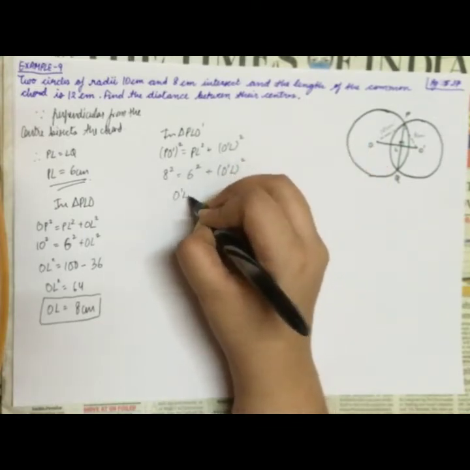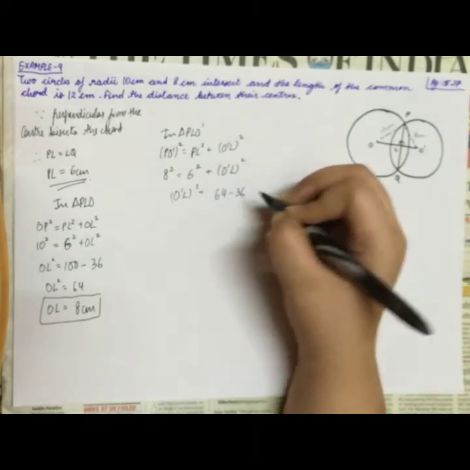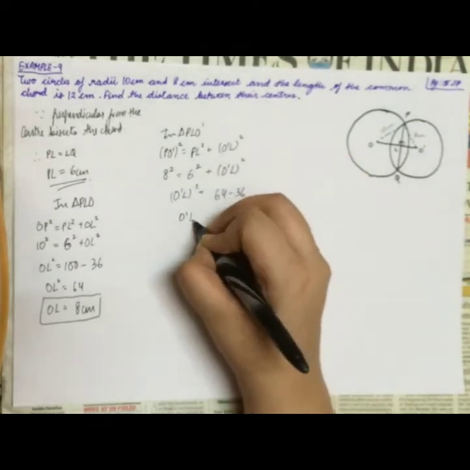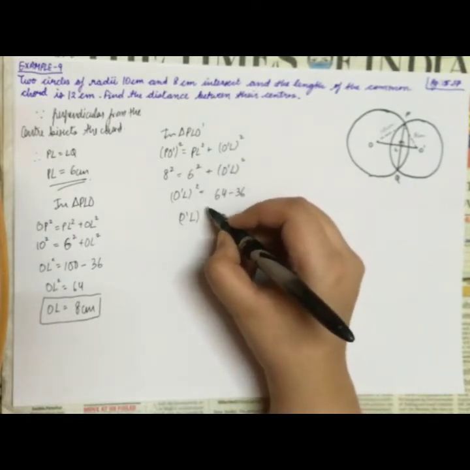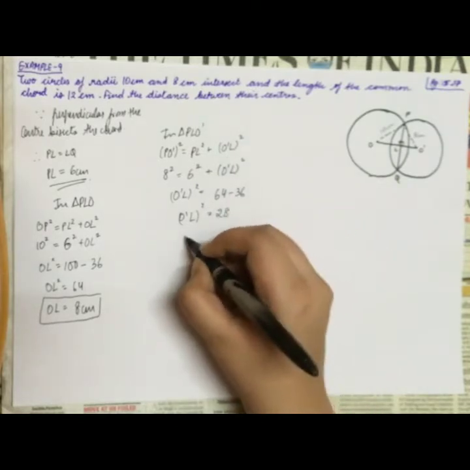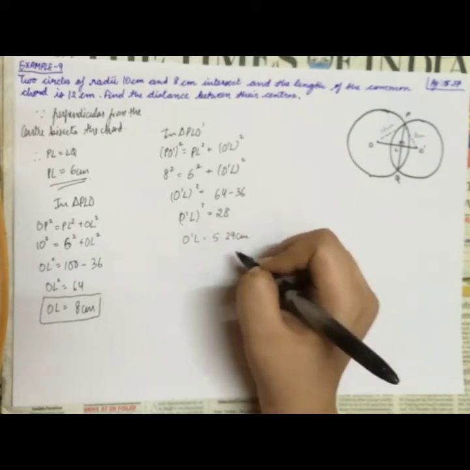Now O'L square is equal to 64 minus 36. O'L square is equal to 28. Therefore, O'L is equal to 5.29 centimeter.